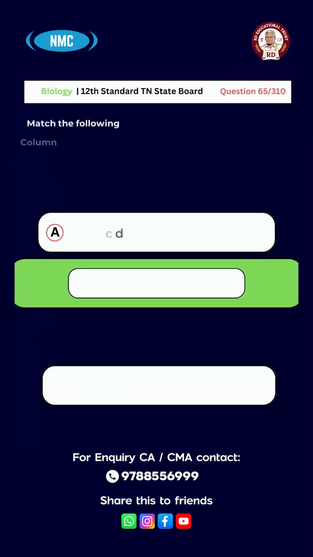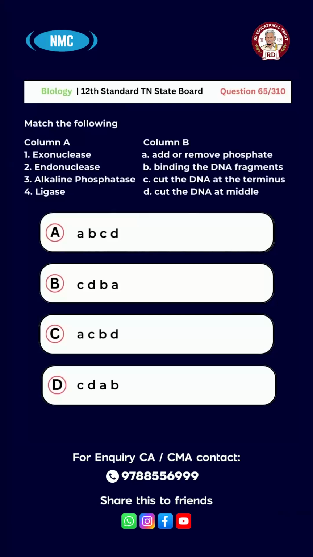Question number 65. Match the following. Column A: 1, exonuclease. 2, endonuclease. 3, alkaline phosphatase. 4, ligase. Column B: A, add or remove phosphate. B, binding the DNA fragments.